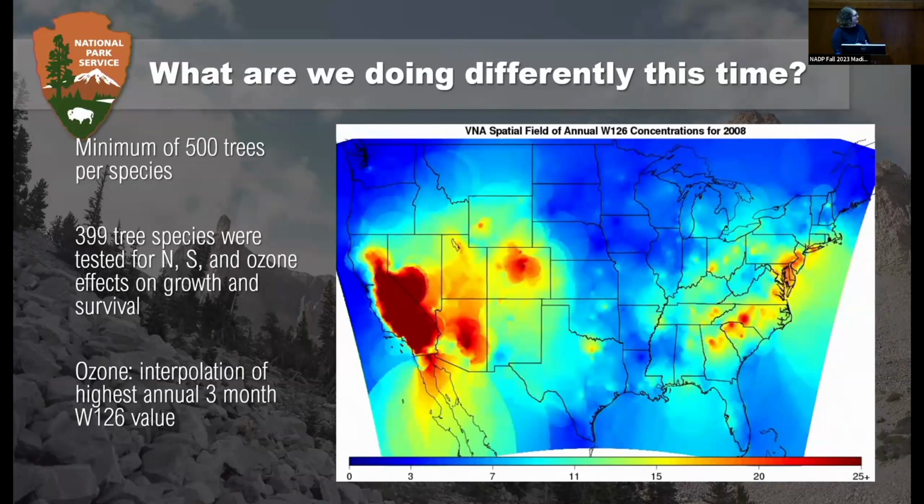The ozone data included in these models is an interpolation from ozone monitors of the highest annual 3-month W126 value. And these are done annually, and each tree is associated with the W126 values that occurred between its measurement points in the surveys.